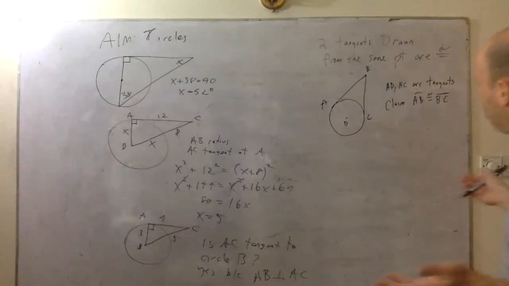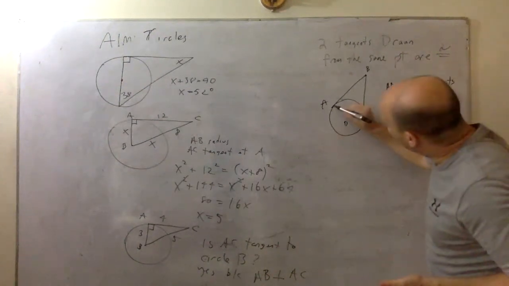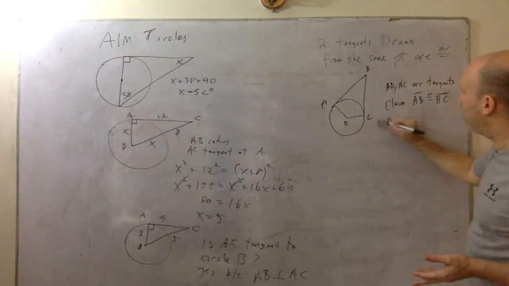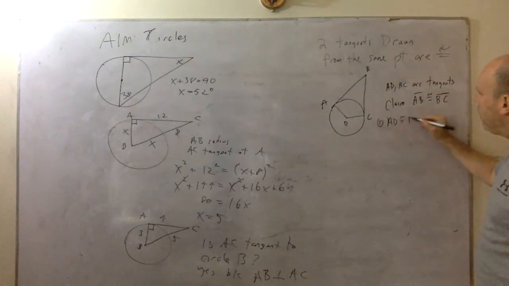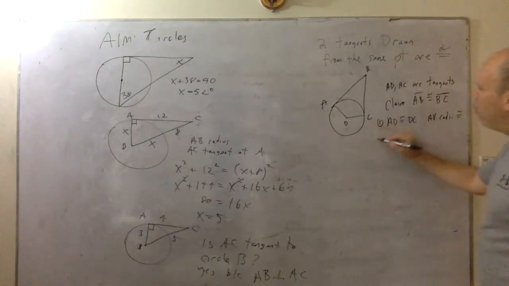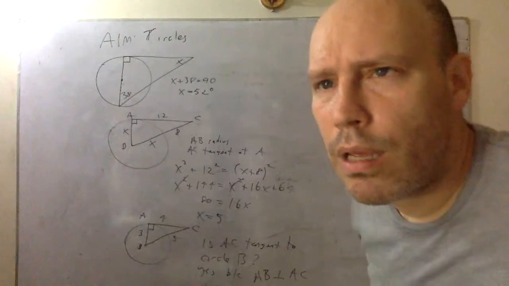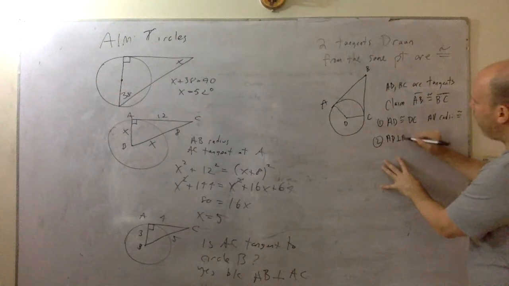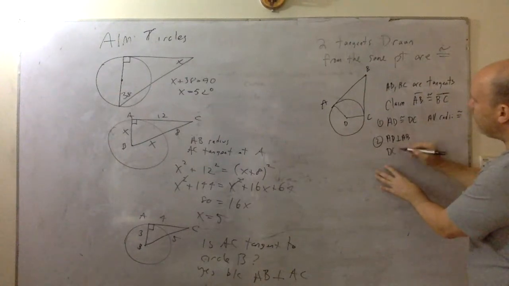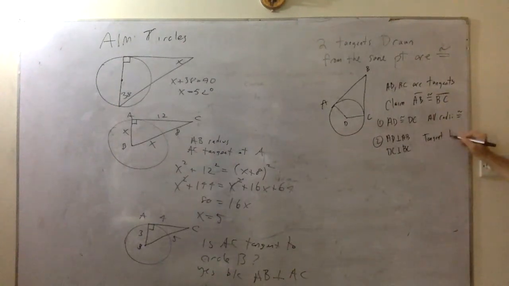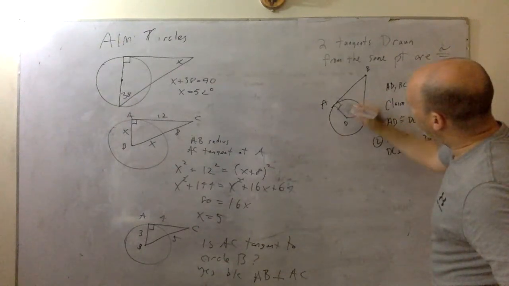And you would say, okay, no big deal. We know that we can draw on the radius. So the first thing is we can say that AD is congruent to DC because all radii are congruent. The second thing we can say is that AD is perpendicular to AB and DC is perpendicular to BC because a tangent is perpendicular to the radius.